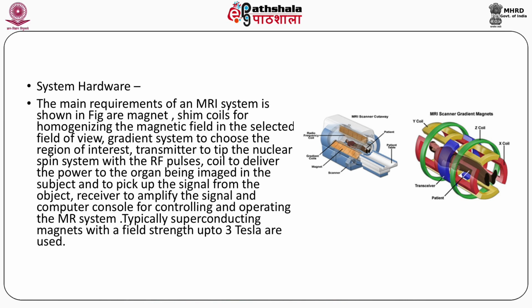Then second are the shim coils that are used with the main magnetic field to make it more homogeneous. Next are the RF coils. The RF coils are utilized to excite the MR signal, and then you have the gradient coil that selects the slice, and then the slice is cut into rows, and then the rows are cut into columns.